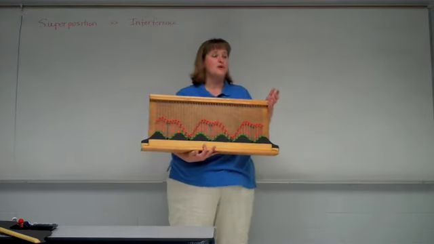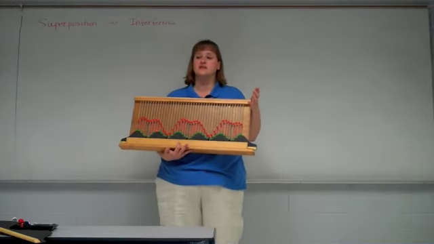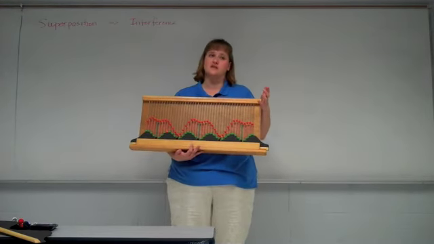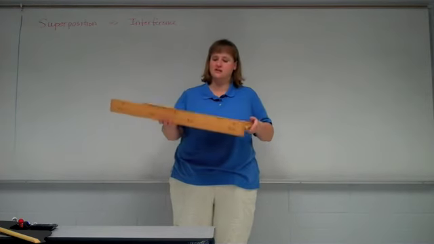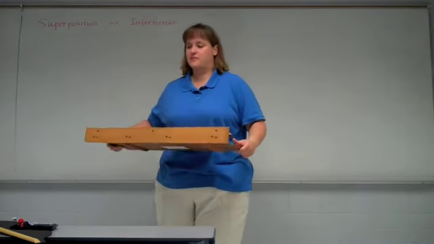Okay? So perfect constructive and destructive interference requires identical waves. They have to have the same wavelength, which means they'll have the same frequency as well. And then they have to have the same amplitude.